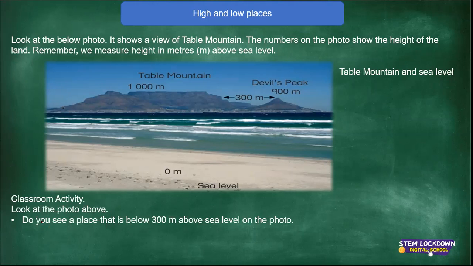All right, guys, let's look at the picture above. You raise your hand. I will recognize you and unmute you. You don't unmute yourself, please. Okay, so look at the picture above. Do you see a place that is below 300 meters above sea level?